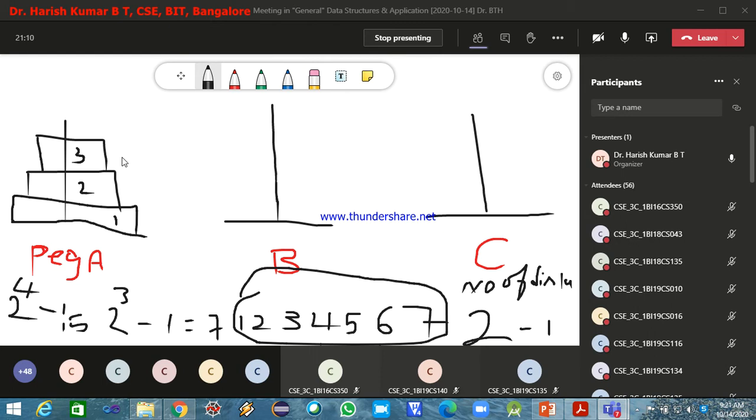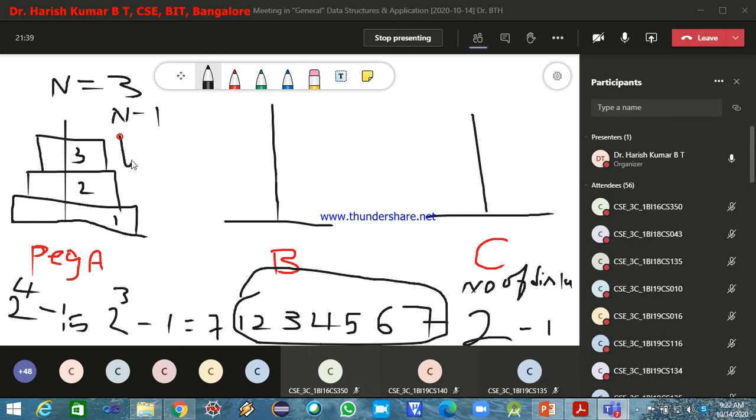From the source peg you have to move the first n minus 1. Okay, how many disks are here? 3. So n value is 3. I have 3 disks. You have to move n minus 1 disks from the source peg to auxiliary peg using the destination peg as temporary peg.